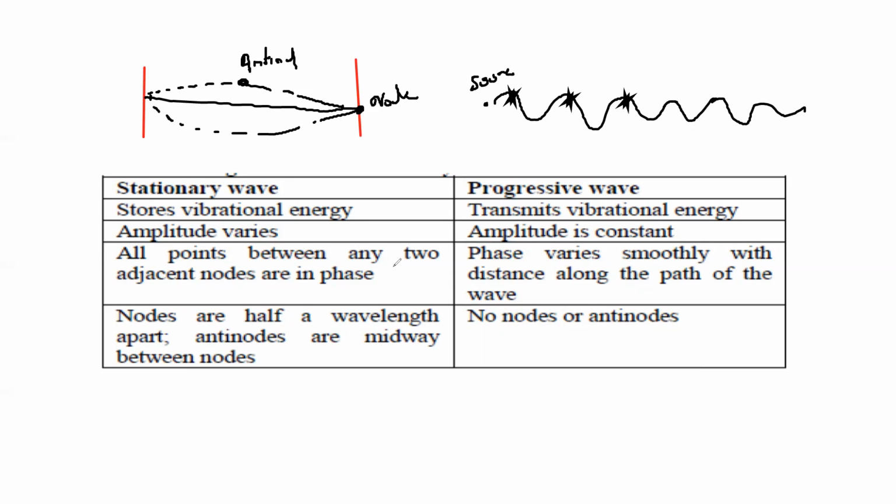All the points between any two adjacent nodes or antinodes are in phase. What is the meaning of this term?